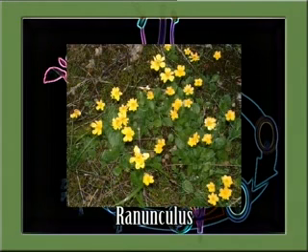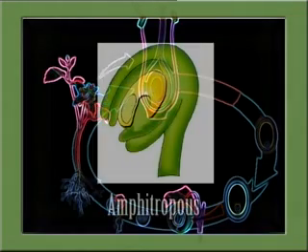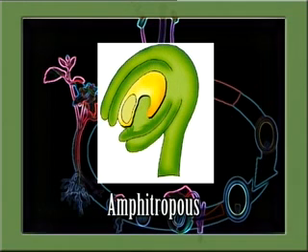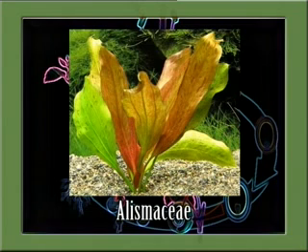It is found in Ranunculus. Amphitropous. In this case, the ovule is curved in such a way that embryo sac also becomes horseshoe shaped. The micropyle is directed downwards and does not lie on straight line with chalaza. Amphitropous type of ovule occurs in members of Alismataceae.